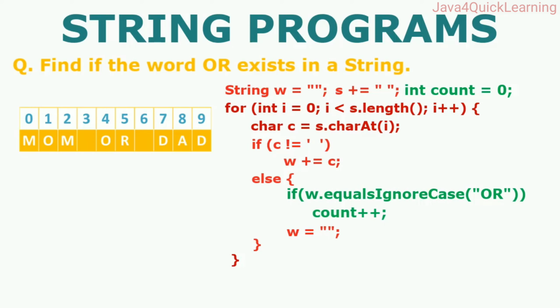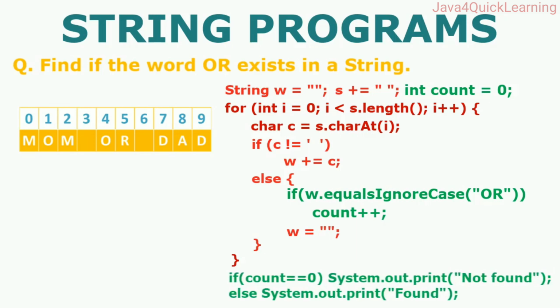If yes, we will just increment the count. Once outside the loop, we will check if count is 0. This means that the word is not found. Else, the word is found. You can also print count to tell the frequency of the word in the sentence.